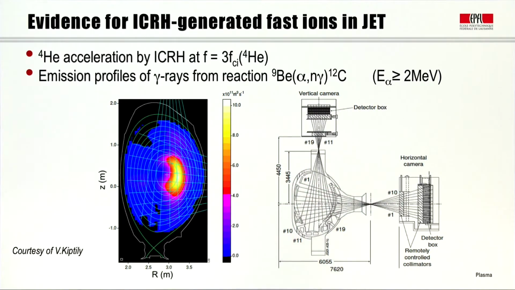In other words, they occur only if the energy of the alphas is larger than about 2 MeV. So if we see a signature of this reaction in the form of the emission of gamma rays, we are sure that we have energized these alpha particles using ICRH at least to levels of about 2 MeV. And this is in fact the profile of these gamma ray emissions.